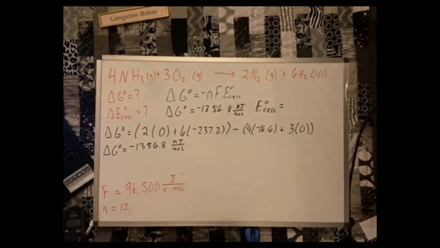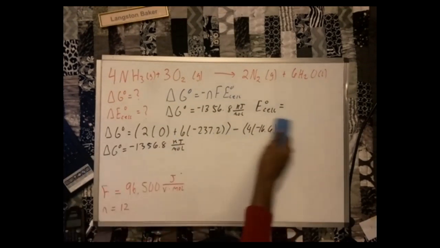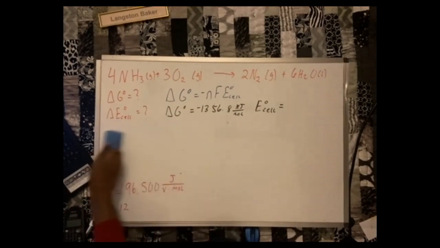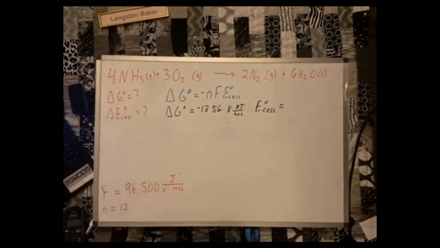Okay, everyone okay with that? Yep. All right, cool. Now we need to use our E cell formula, not to get delta G, but to get E cell.